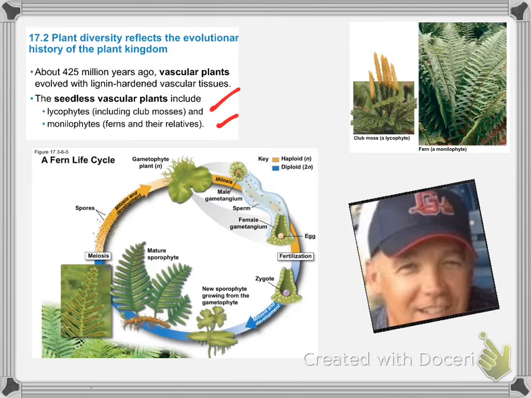So if we look at their life cycle, they exhibit alternation of generation as well. And when I say the word fern, you typically think of the frond that is the sporophyte form. So in ferns, the sporophyte form is the dominant form, so it's made of cells that are diploid, 2N. They have 2 copies of each of the chromosome pairs.